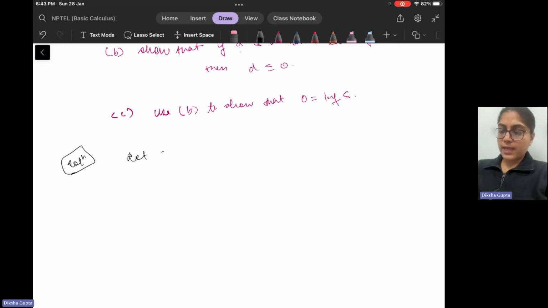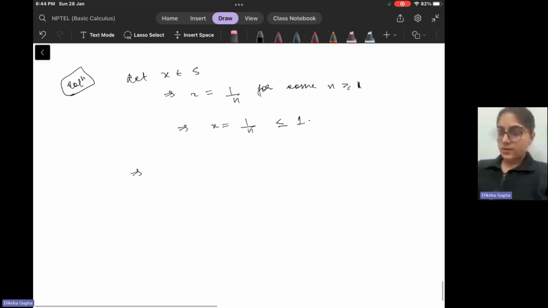So let x be an arbitrary element, then x equals 1 by n for some n greater than or equal to 1, which implies x equals 1 by n is less than or equal to 1. So this implies that 1 is an upper bound.